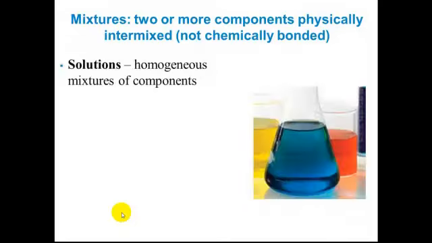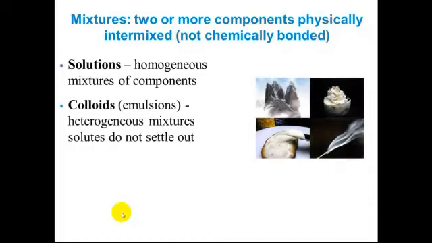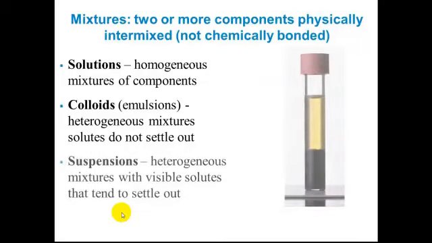We classify these as either solutions, which are homogeneous or equal mixtures of components, colloids or emulsions, which are heterogeneous or unequal mixtures, and the solutes do not settle out, or suspensions. These are heterogeneous or different, where the visible solutes tend to settle out.